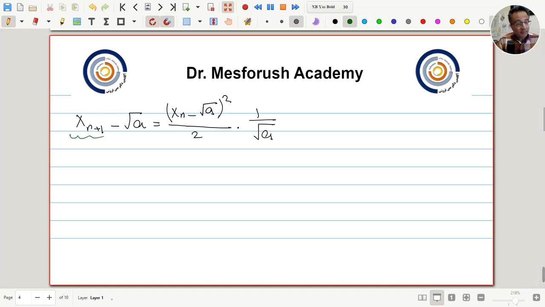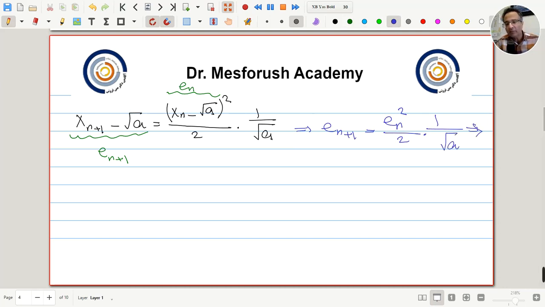In the problem, we assumed that this is e_{n+1} and also this is e_n. Okay, so we get e_{n+1} equal to e_n squared over 2 times 1 over square root of a. Taking absolute value, the absolute value of e_{n+1} is less or equal to absolute value of e_n squared times 1 over 2 square root of a. And divide both sides by e_n squared.